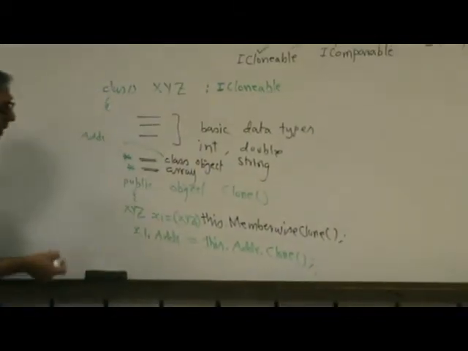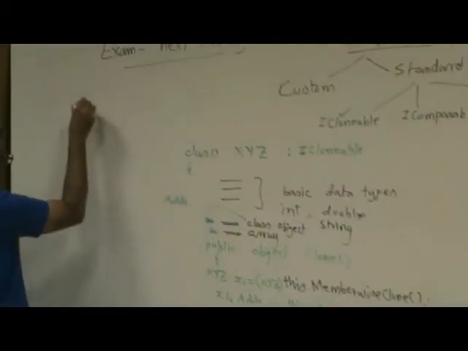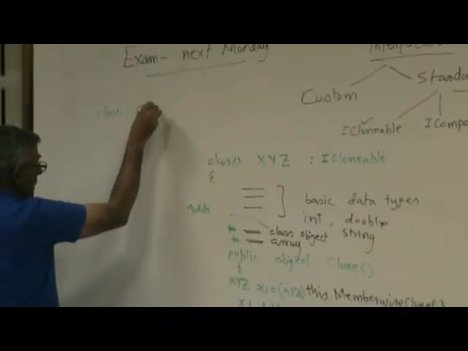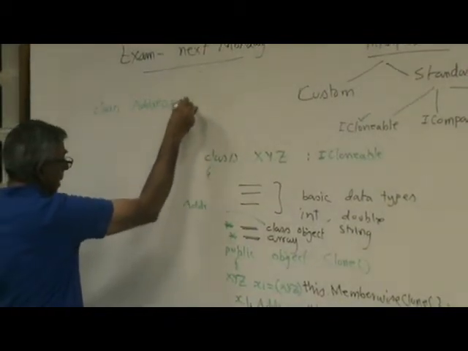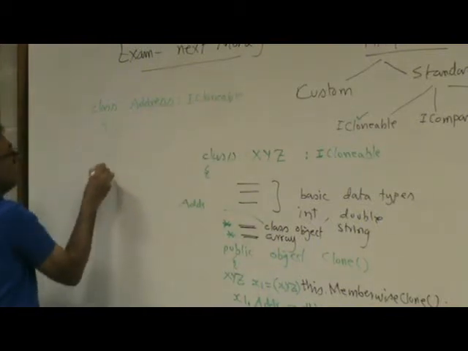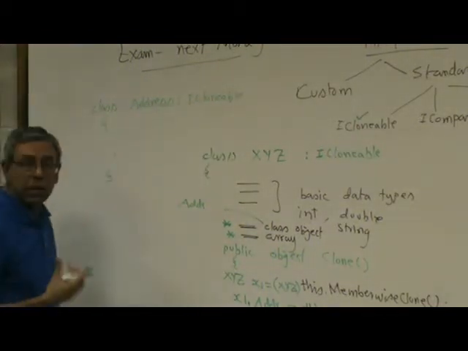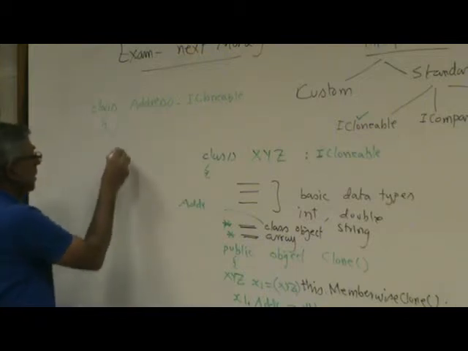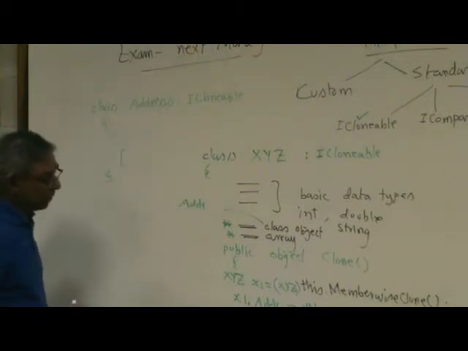So what does that mean? If this was a class called Address, somebody has to implement IClonable on it. So if you created it, you will implement IClonable on it, further, so you'll define the same clone over here.